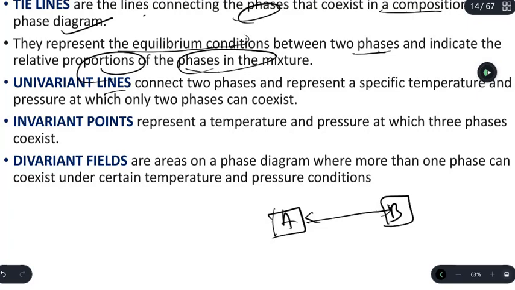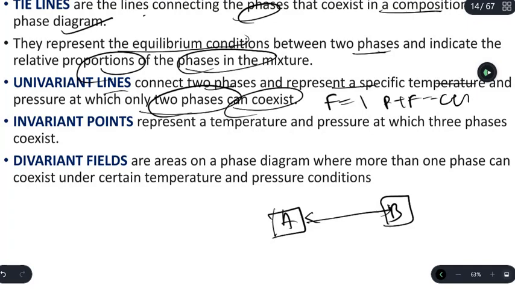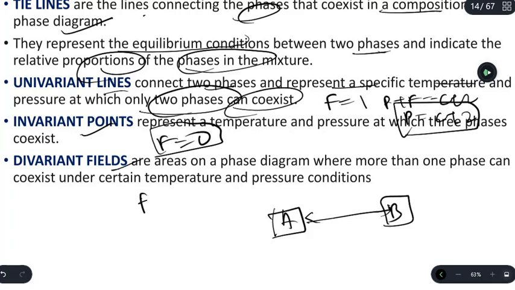Okay, the univariant line connects two phases and represents a specific temperature and pressure; only two phases can coexist. Here the degree of freedom will be 1, as I told you. So P plus F will be C plus 2. For an invariant point the degree of freedom will be 0 and for a divariant field the degree of freedom will be 2. See, divariant is a field, invariant is a point, univariant is a line.